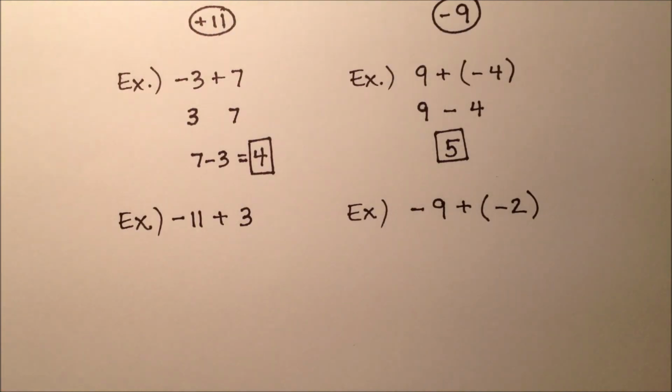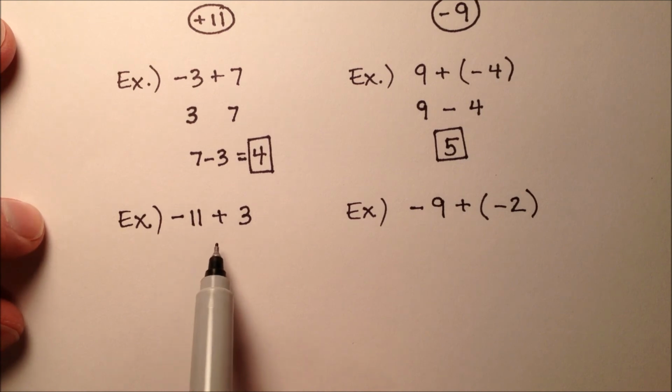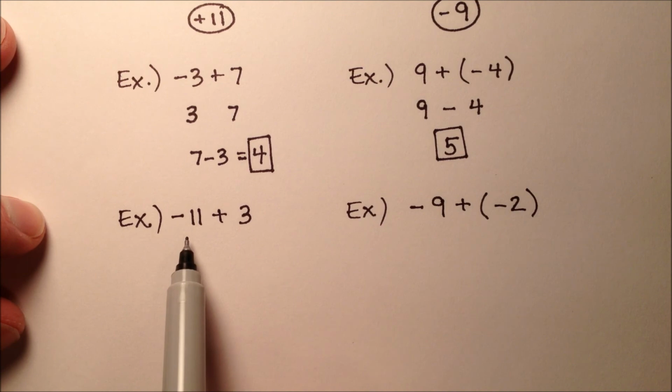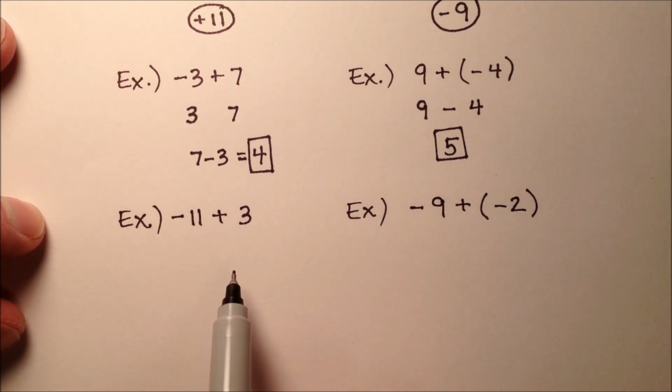Let's finish with 2 more examples. Our first one is negative 11 plus 3. We have opposite signs here because the 11 is negative and the 3 is positive. So that means we're going to take the absolute value of each of these numbers and subtract, and then keep the sign of the larger.